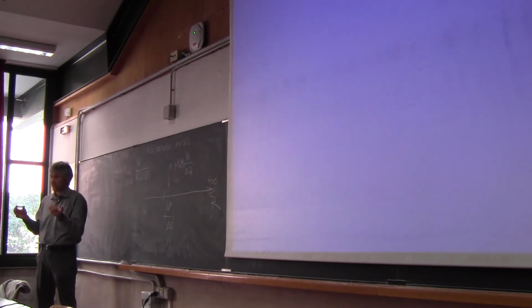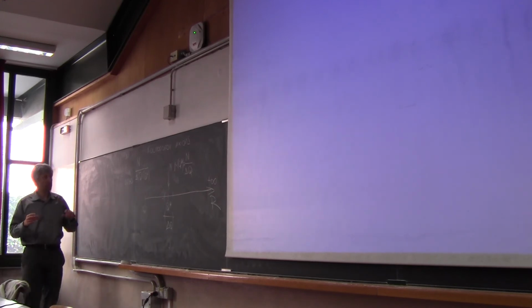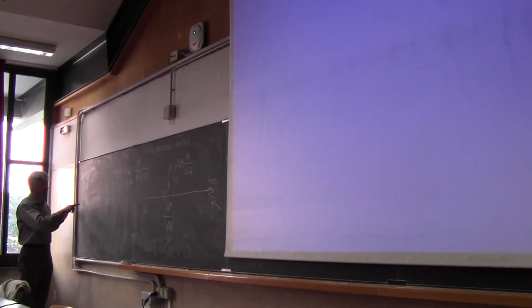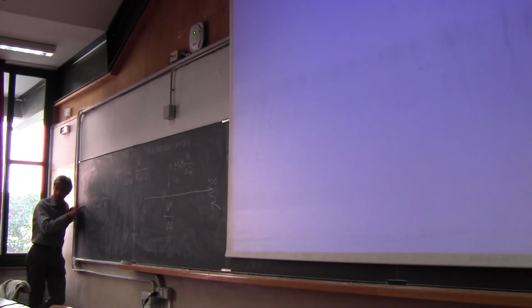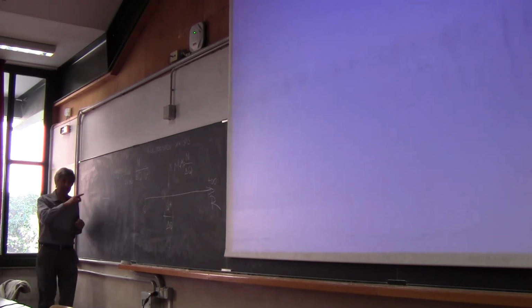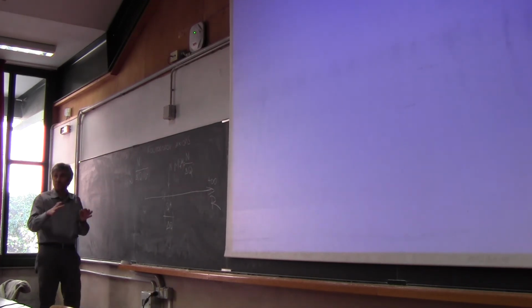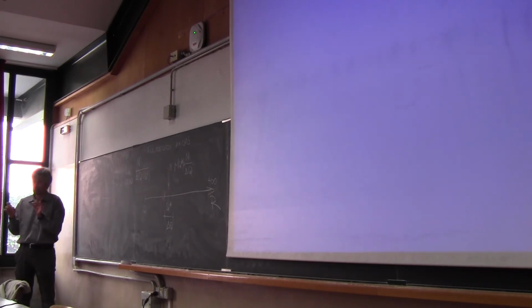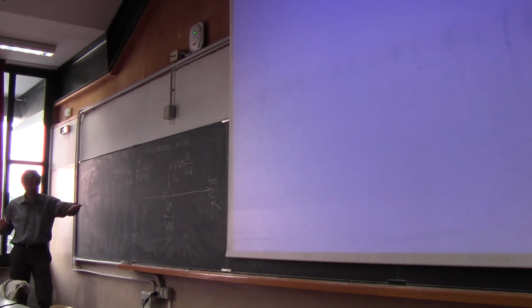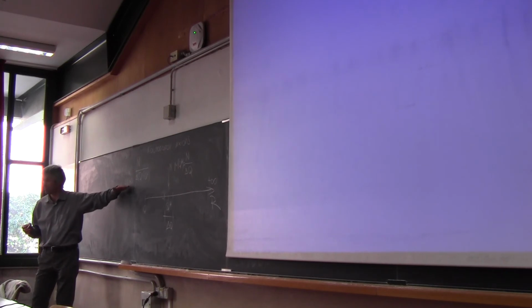So there is a difference. They are not the same quantity. And if I define this one as probability, I may define this second one as probability density. Because indeed, this one is a density.